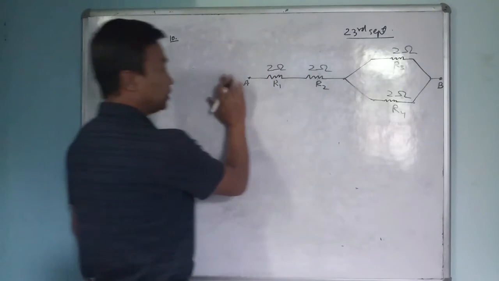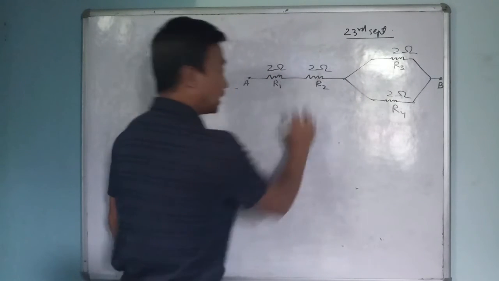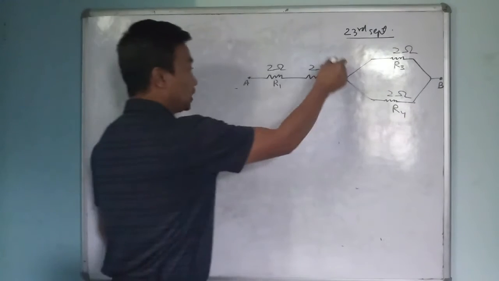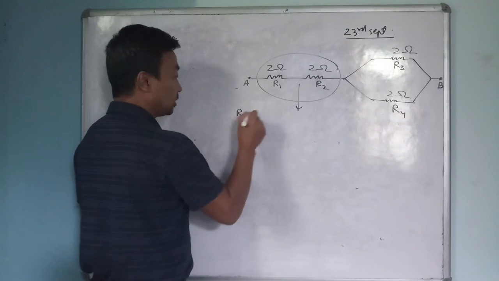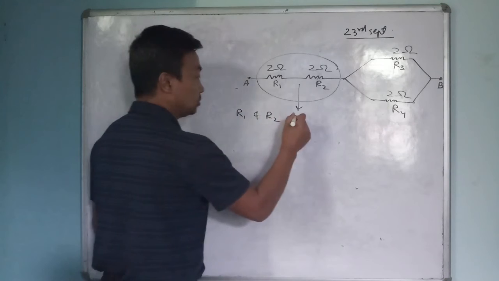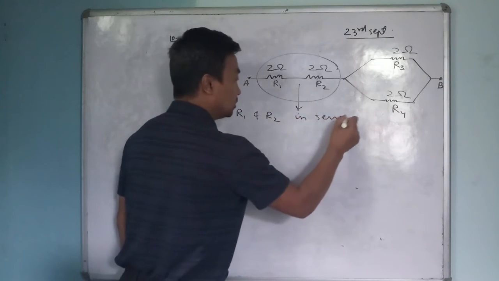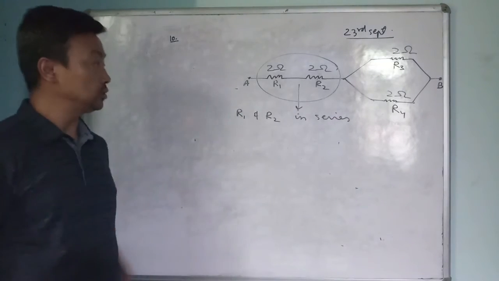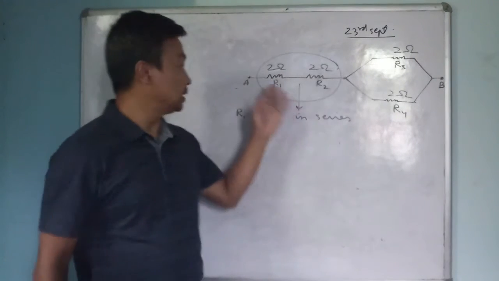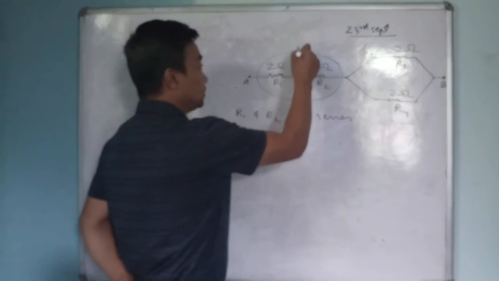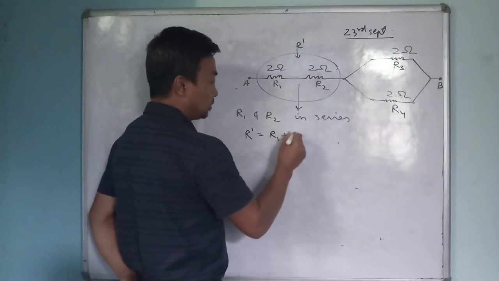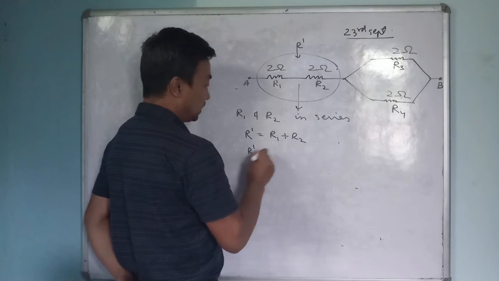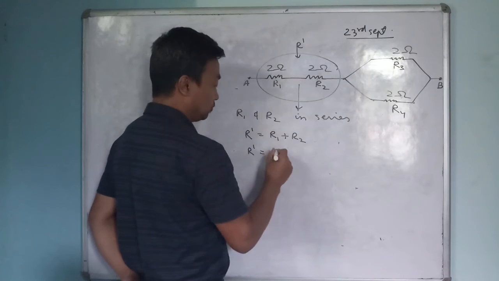If I start from A, we see that R1 and R2 are in series. So these two can be clubbed together. When in series, you just add them. Let us call this R dash. R dash is R1 plus R2, so 2 plus 2, 4 ohm.